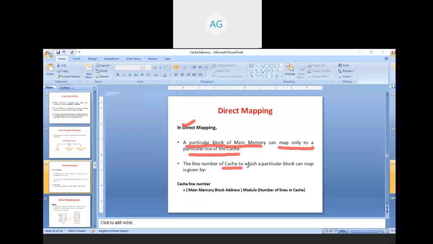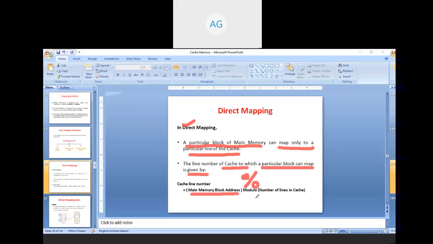The line number of cache to which a particular block can map is given by this formula: cache line number is equal to main memory block address modulo number of lines in cache. Modulo means we need to take the remainder here.